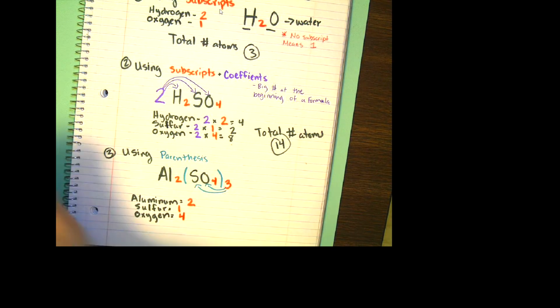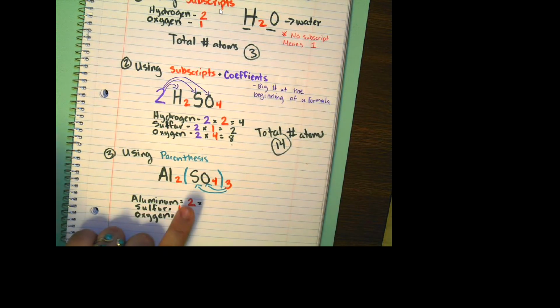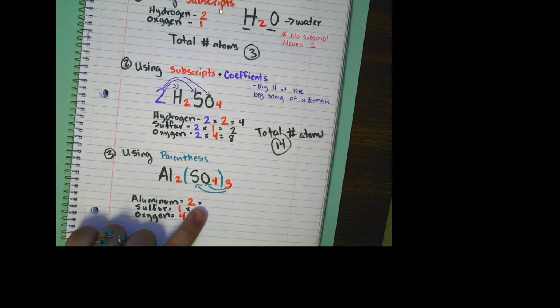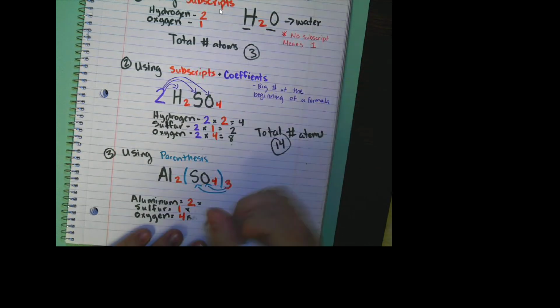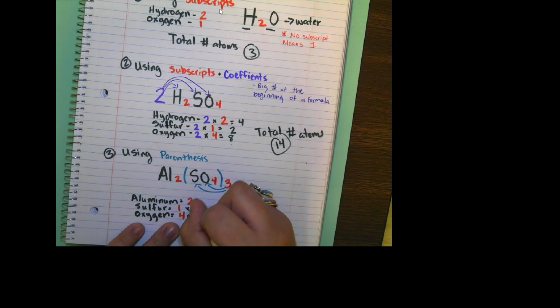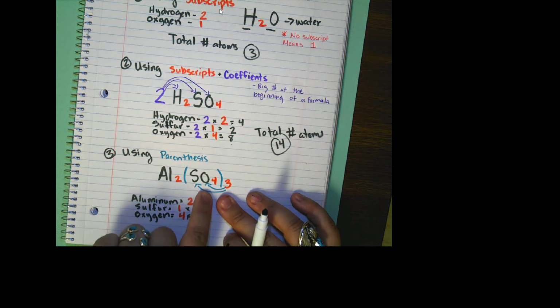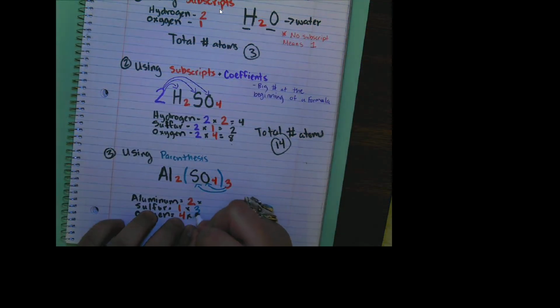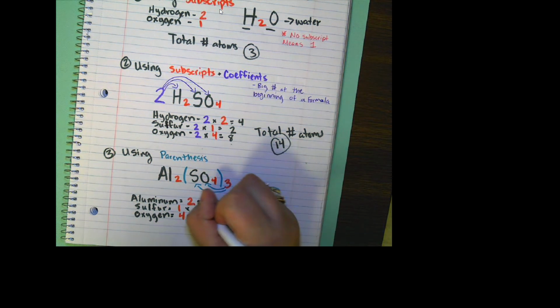All right, now I'm going to throw in the parentheses. Aluminum is not inside the parentheses, so it's just going to stay at 2. Now the sulfur is inside, and the subscript behind the parentheses is 3, which means that sulfur atom gets multiplied times the 3, and then oxygen is also inside of the parentheses, which means I have to multiply that as well. So for the total number, I still have 2 aluminum.